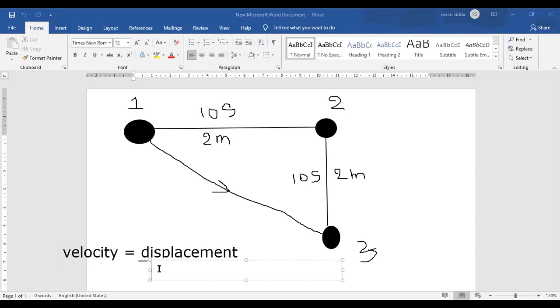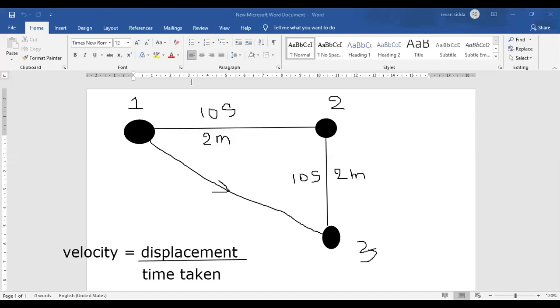Speed is distance per time, whereas velocity is displacement per time. Understood, everyone? Velocity is displacement per time. Remember, velocity is nothing but displacement per time, right? Speed is distance per time, velocity is displacement per time.